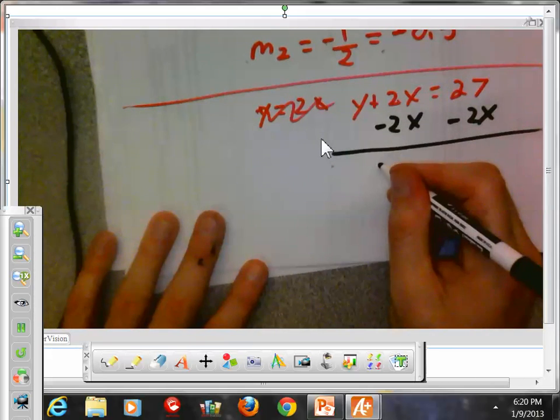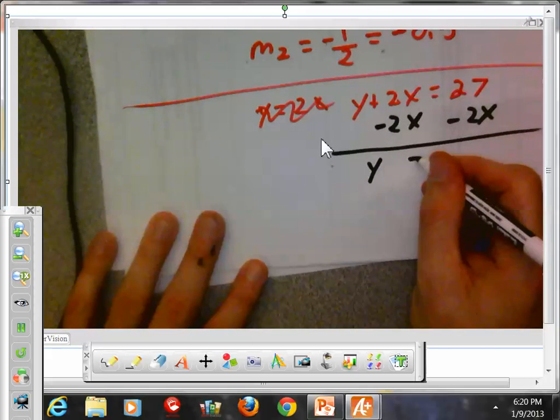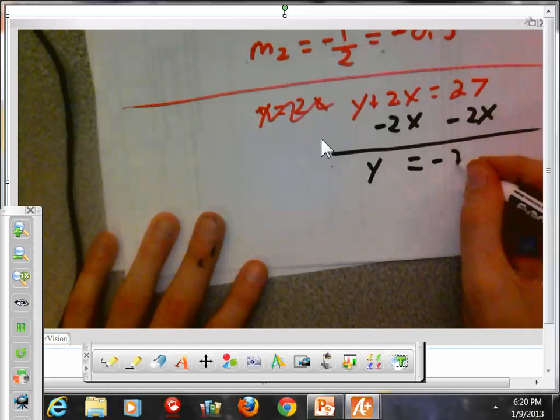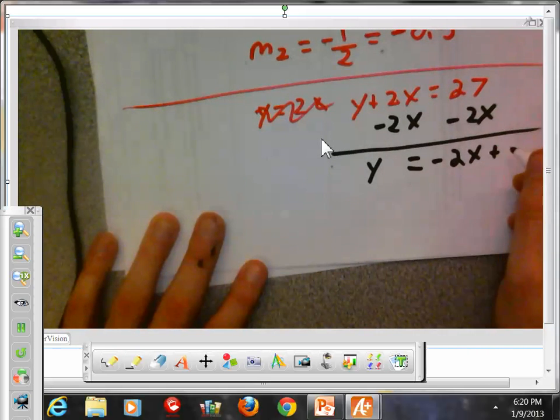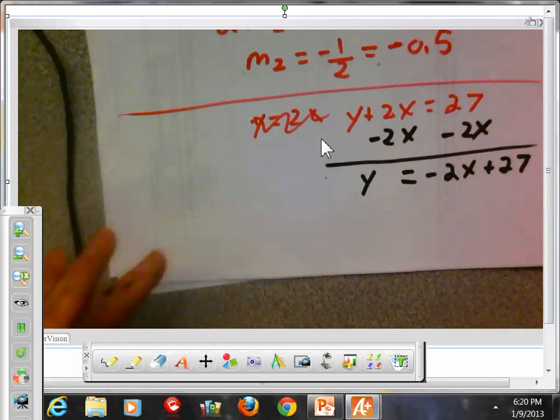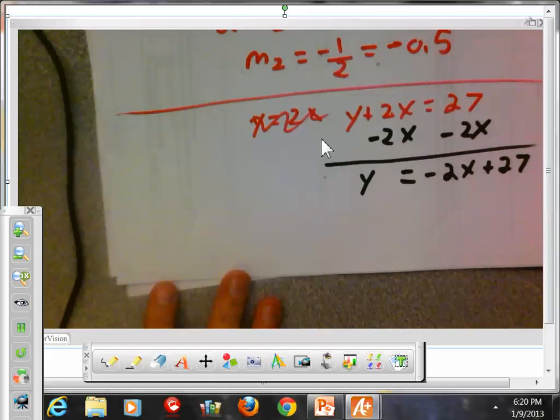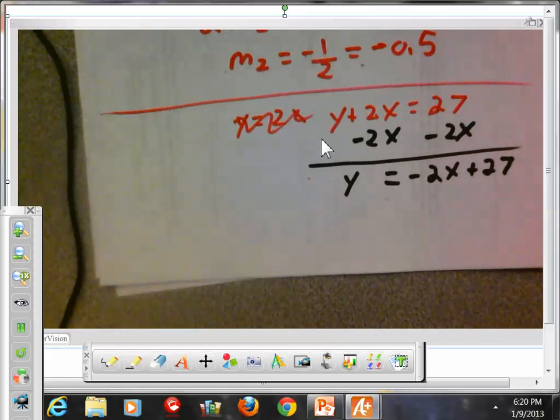So we wind up with y equal to 27 minus 2x, or equivalently negative 2x plus 27. If you do 27 minus 2x, or just negative 2x plus 27, it doesn't matter. So what is the slope of this? Is this in the form y equals mx plus b? What is the slope? Negative 2.